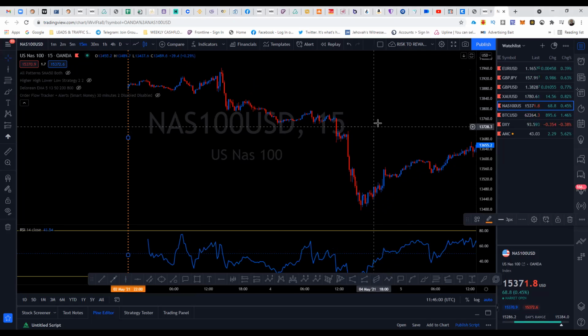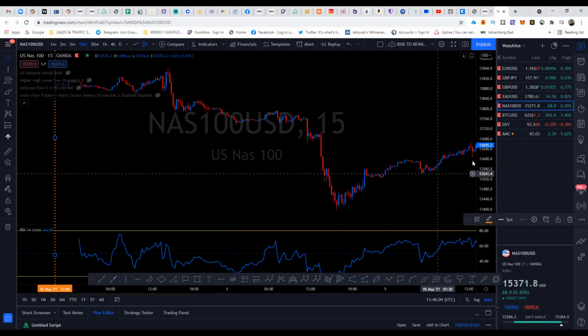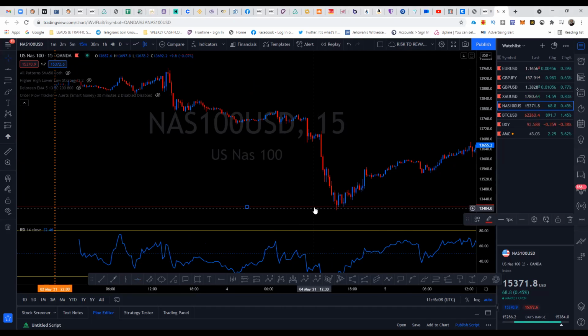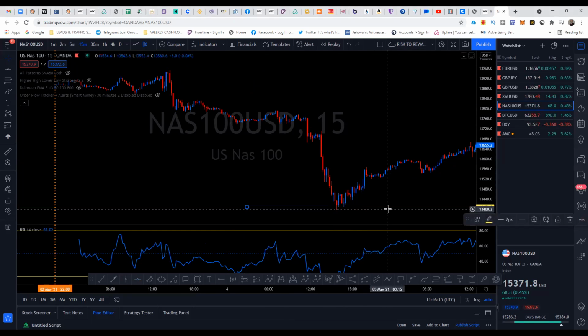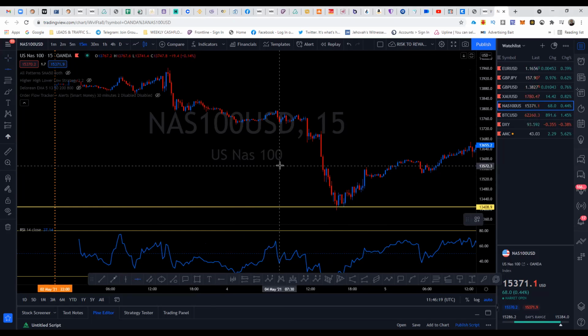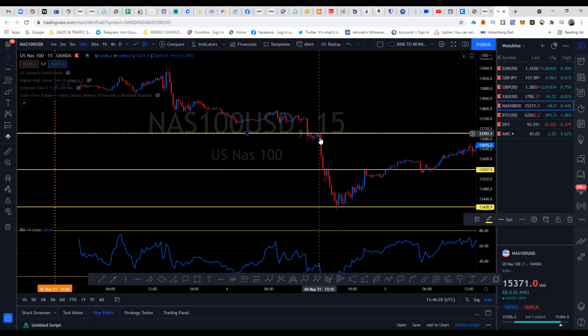I'm going to start marking up market structure. So I see a wick here that forced price into an uptrend. We want to turn this yellow. And let's see how price respected this zone here. I really respect this zone, it caused the order imbalance here.